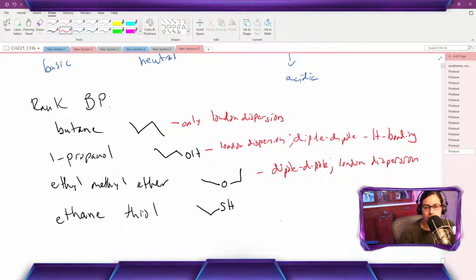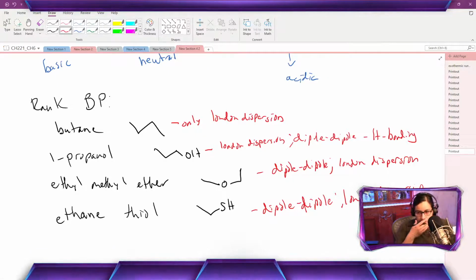And then this last one would also have dipole-dipole and London dispersion. And so now this is kind of tricky because we're trying to pick between ethane thiol and ethyl methyl ether.